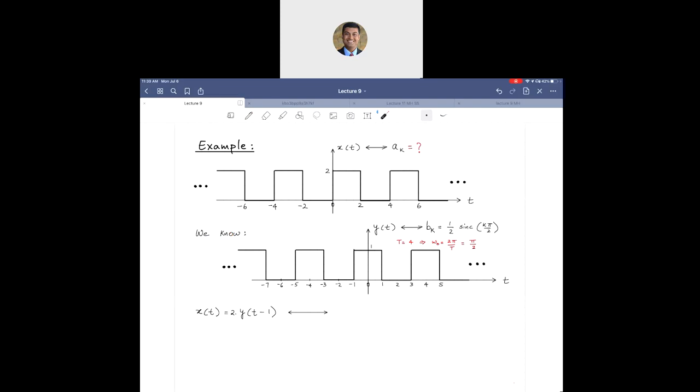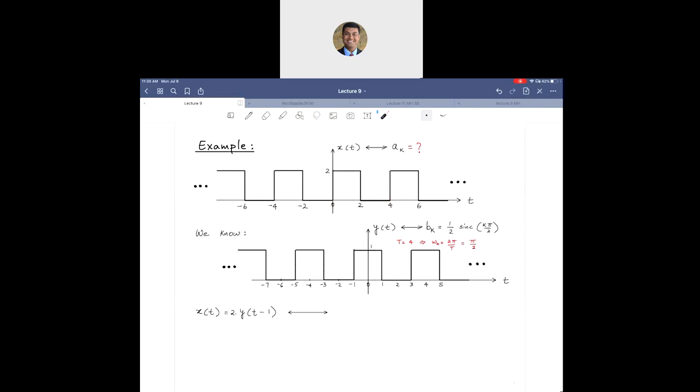The standard result over here is, consider a new signal y of t, which is centered around 0 and has a time period of 4, but it is on for 2 seconds. Why did I choose y of t in this way? I wanted to choose it this way so that it is on for 2 seconds and the time period is 4. That matches up.